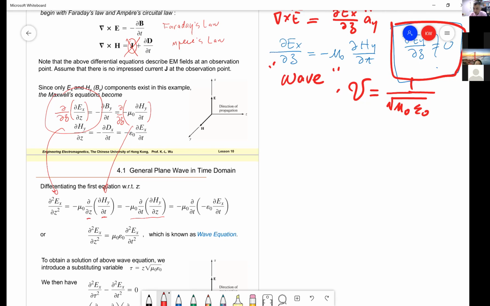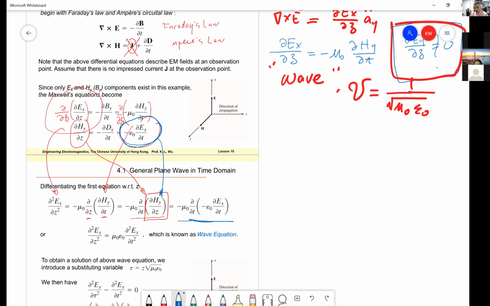And this term looks very familiar, because we already know the solution. We obtained it from epsilon, so I substitute this solution into this, and we obtain this equation.